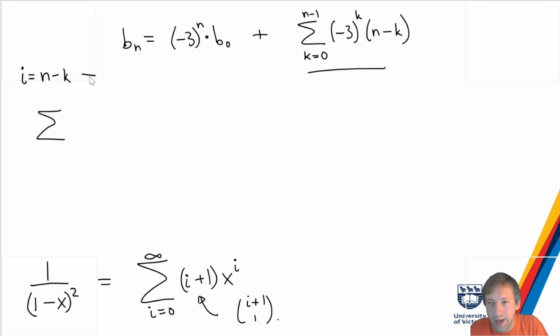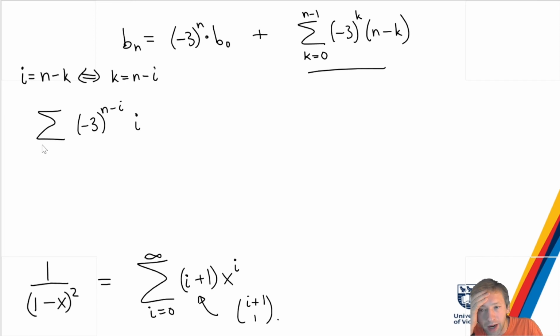If i is equal to n minus k, that means k is n minus i. So my sum becomes negative 3 to the n minus i, because k is n minus i, times n minus k, which is n minus i, which is just i.